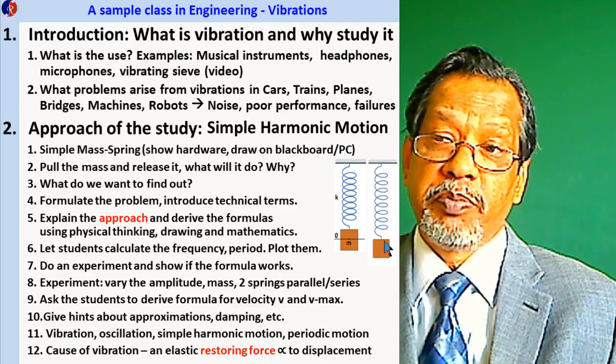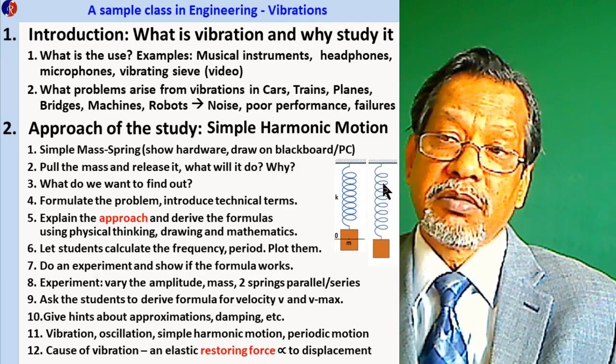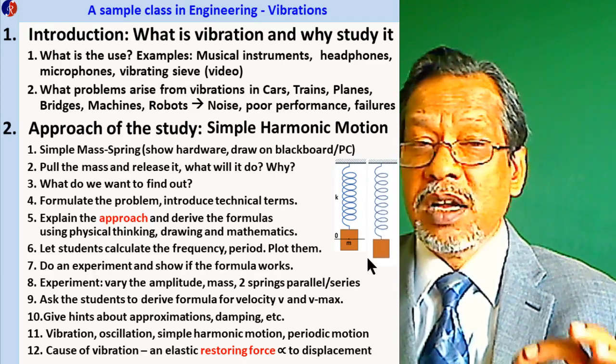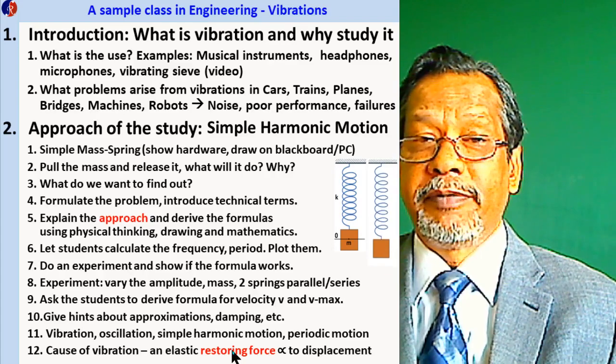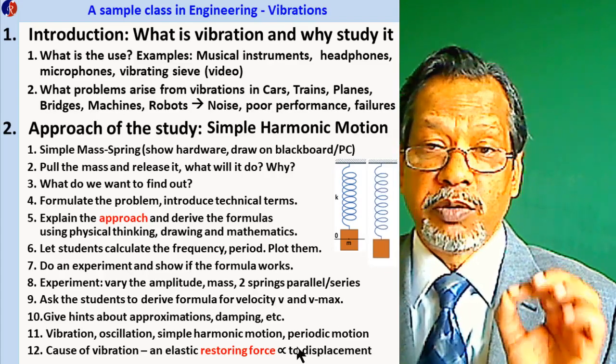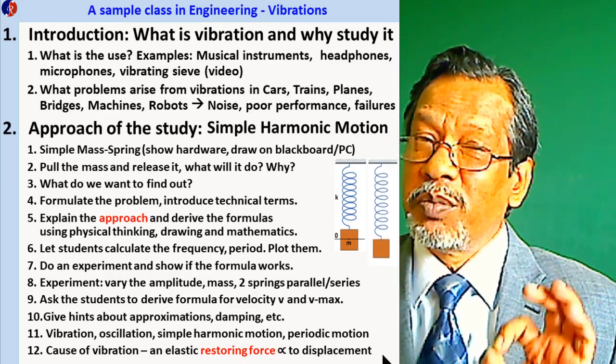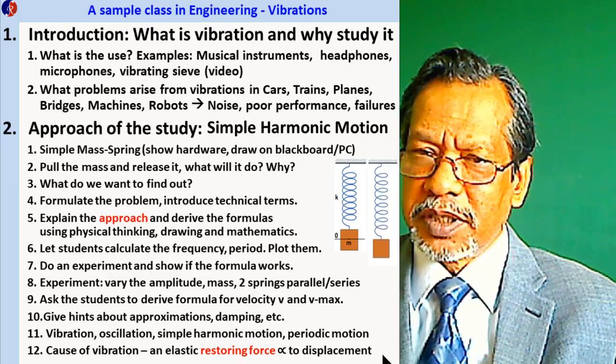Spring is trying to pull it back. I stretch it there, spring tries to pull it back. If I push it, the spring is trying to push it back. An elastic restoring force, trying to bring it back to the original position, neutral position. That must be proportional to the displacement. It doesn't have to be linearly proportional, but those are details, okay?